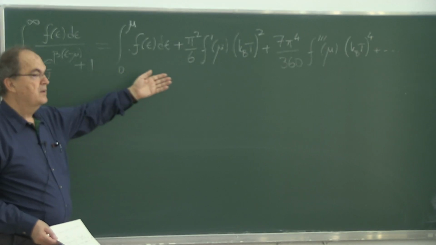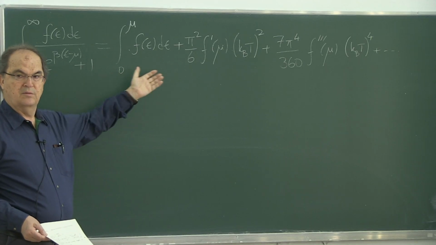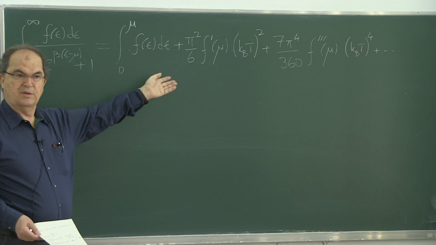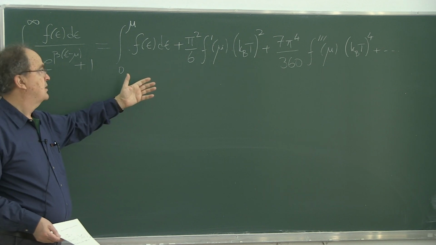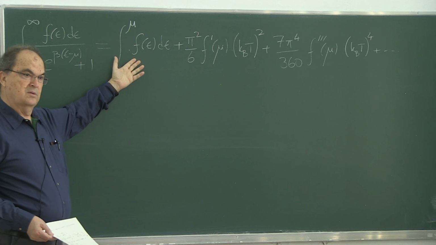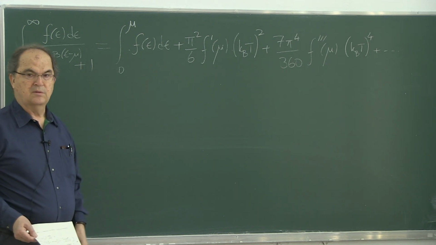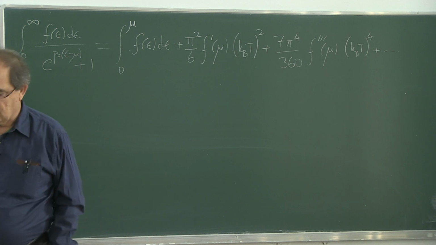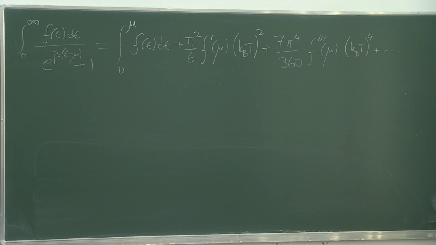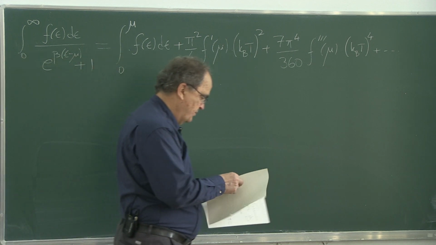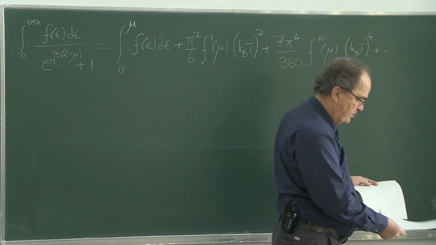You get rid of it. There is no distribution function on the right-hand side, and you use only the function multiplying it and its derivatives to write the result of the integral. It's quite an easy thing to do, as I'm going to show you.